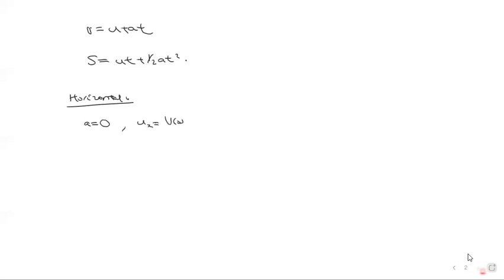That instantly gives us our velocity in the x direction is v cos theta plus 0 times t, so it's just v cos theta. And sx equals, well, the a is 0, so that goes completely, so it's just v cos theta times t, or in other words, ux times t.